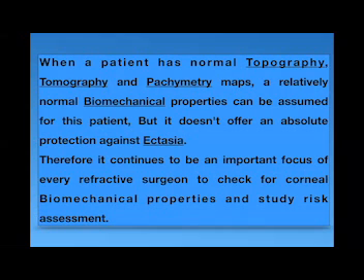If you have a mild risk in the topography, which may be related to surface irregularities or surface abnormalities or false negatives, false positives, you can have another proof, and we have to care about the corneal biomechanics again and consider it.